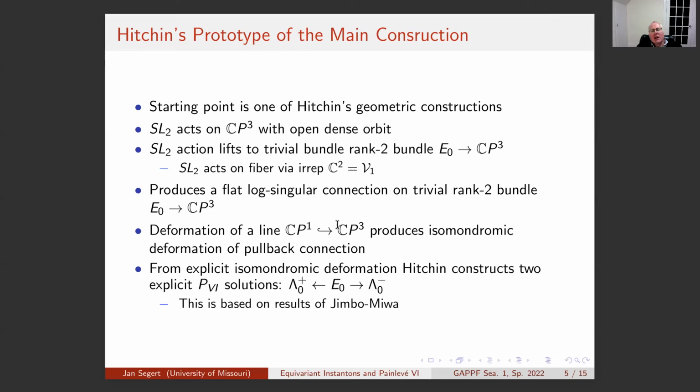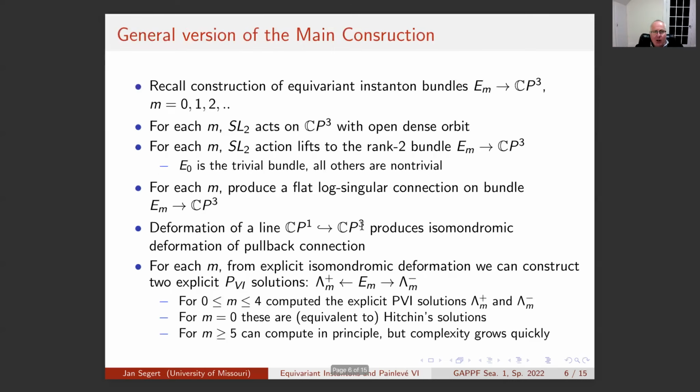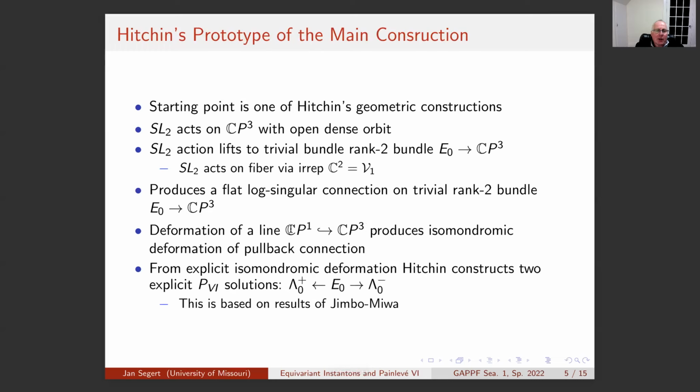And I say, okay, that's great, but I have lots of P1s in P3. What if I deform my P1? Then I will typically get something where the 4 singular points are not in the same place, but the monodromy is the same because it comes from a flat singular connection on the bigger space. And so you produce what's called an isomonodromic deformation.